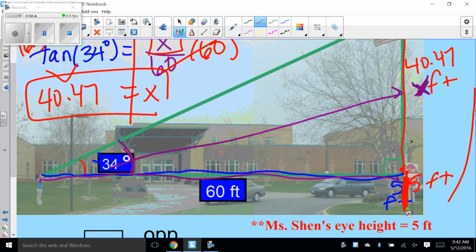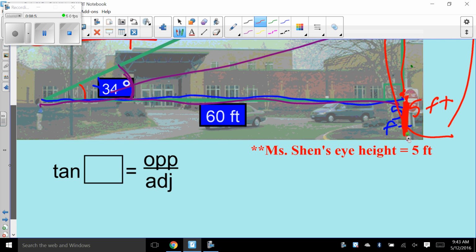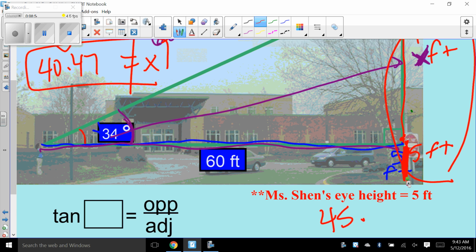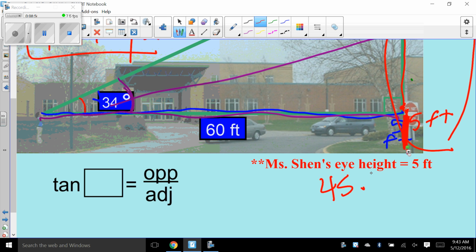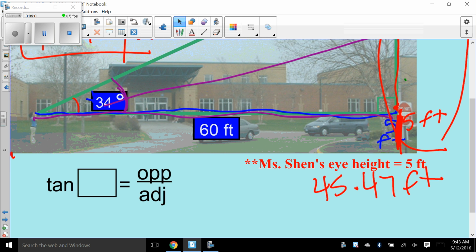So we would add those together, and our final answer then for the flagpole height would be 45.47 feet. Flagpole from base to her eyes is 5 feet. And then our answer that we got was 40.47. So the total height of our flagpole outside the school is 45.47 feet.